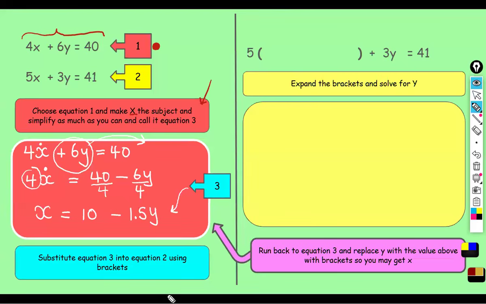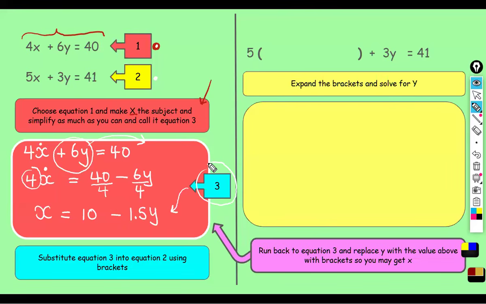Now, this is very important. You see, when you finally make x the subject in this line here, remember how you had an equation 1 and you had an equation 2? This equation where we made x the subject, label it. Here is equation 3. And hear me now.